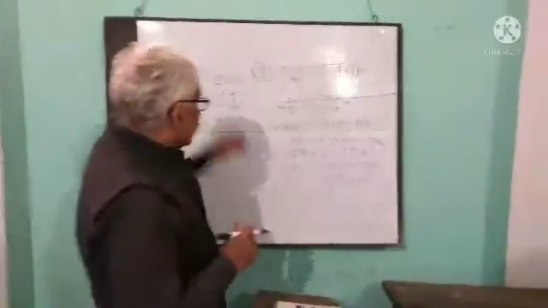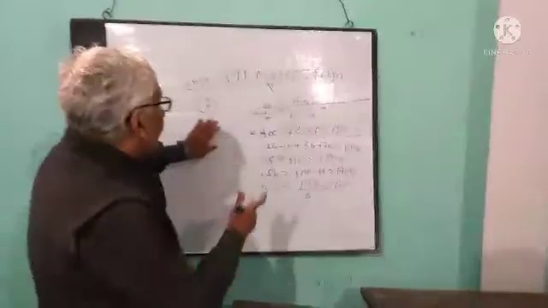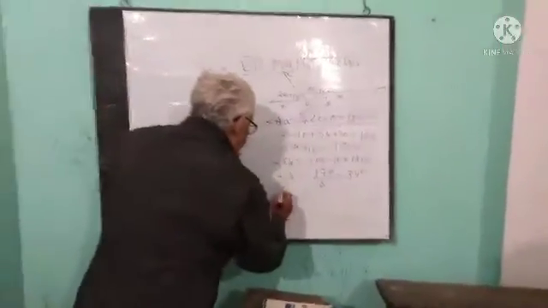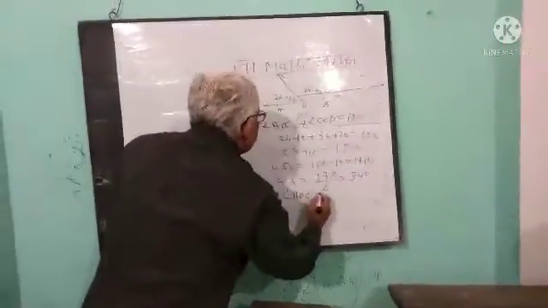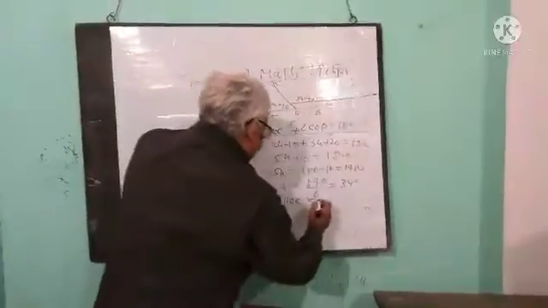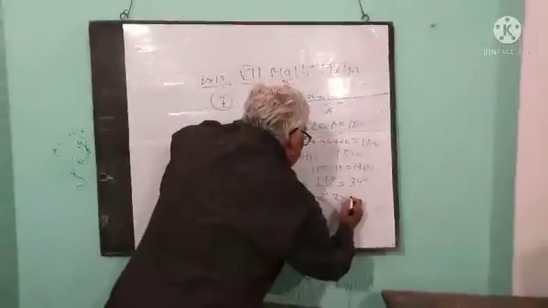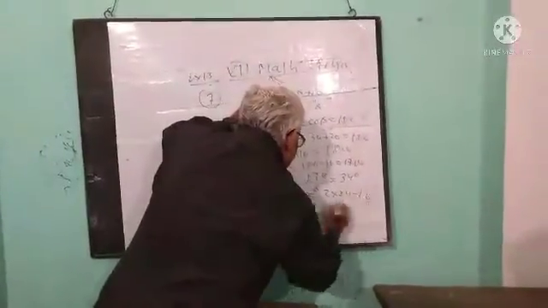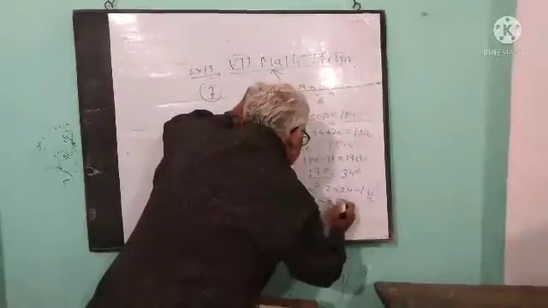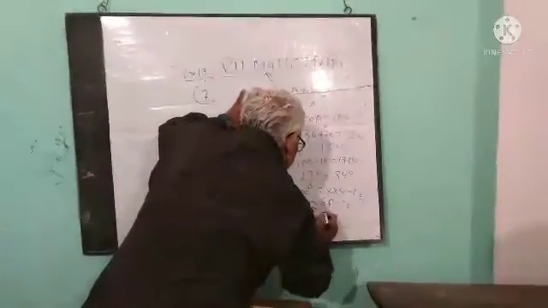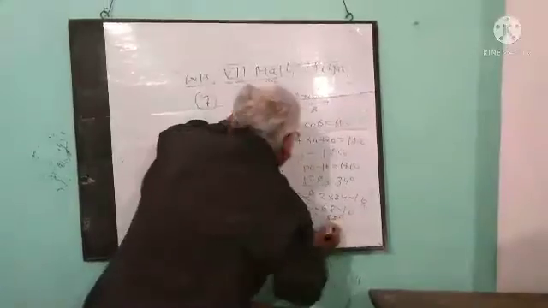Now I am also asked to find the value of angle AOC. And the angle AOC is equal to 2x minus 10, which is 2 into 34 minus 10. That is 68 minus 10, that is 58 degrees.